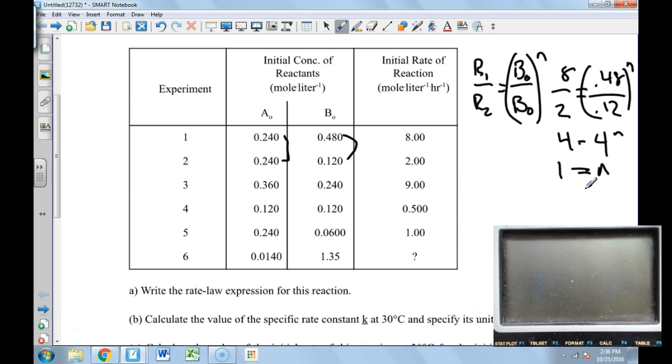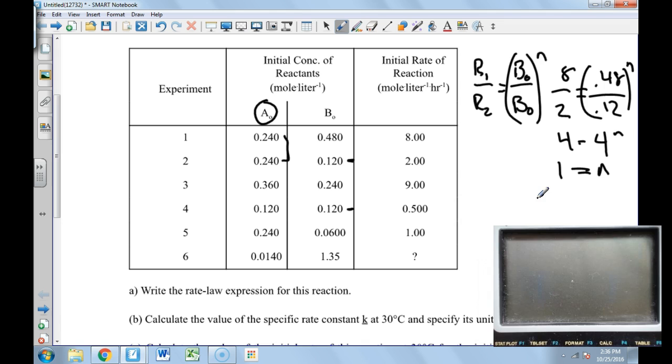Now we have to do the same thing for A, and so we have to find two values where the concentration of B is held constant. So let's see, we're going to take experiment 2 and experiment 4.